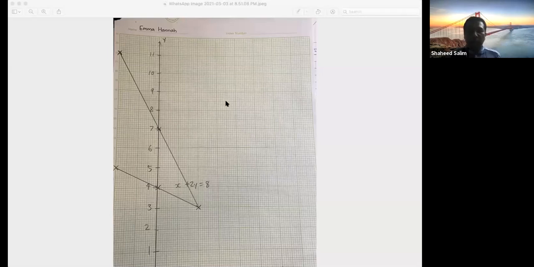So the next one now. x plus 2y equals 7. I'll write it down here, so you must write the thing here.